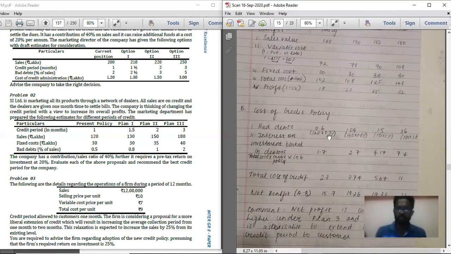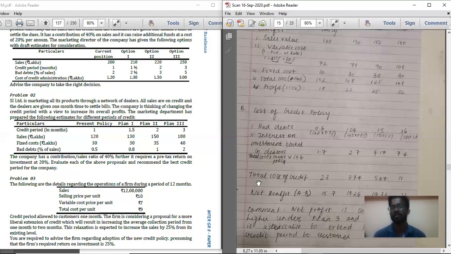Now total both: total the bad debts and the interest on investment blocked in debtors. You will get the total cost of credit. So below that, record total cost of credit, underline it. 0.6 plus 1.7, that is 2.3.